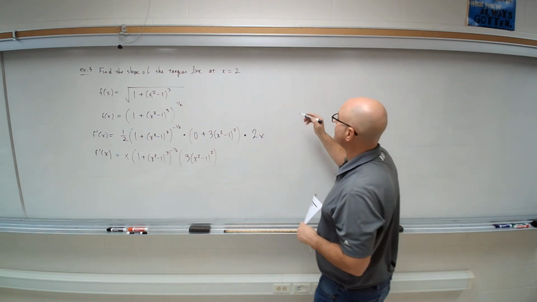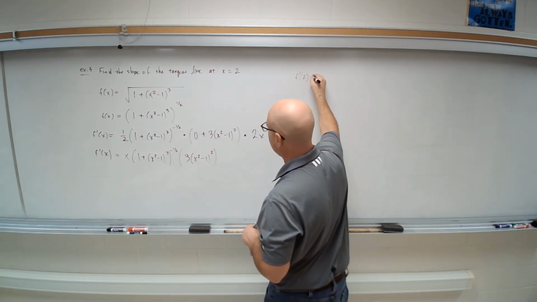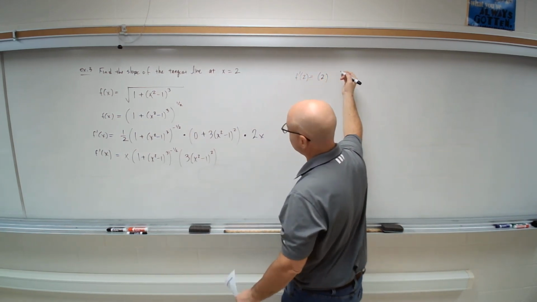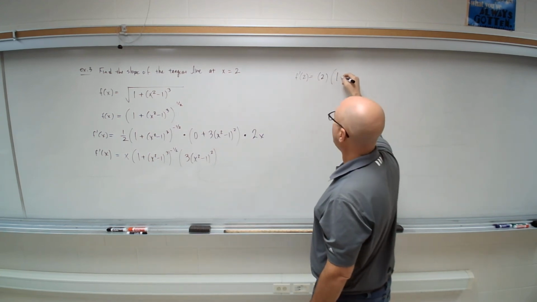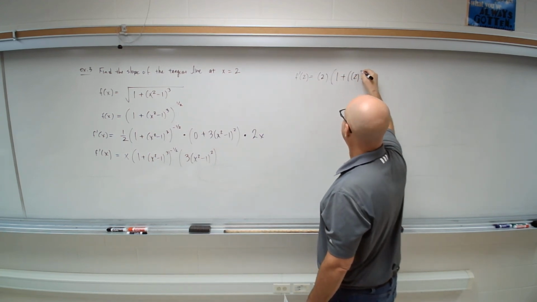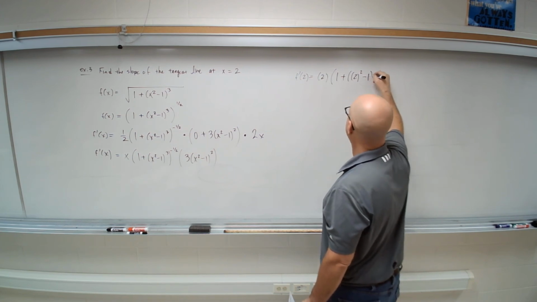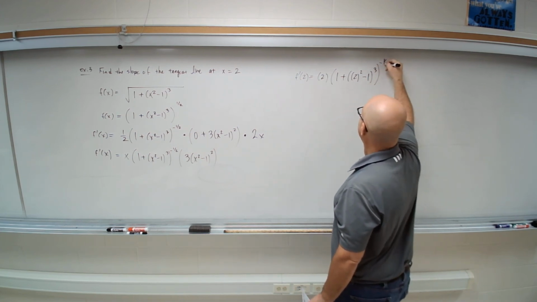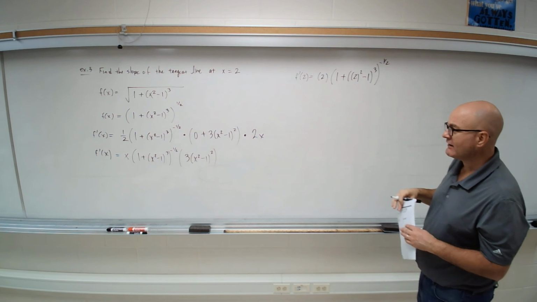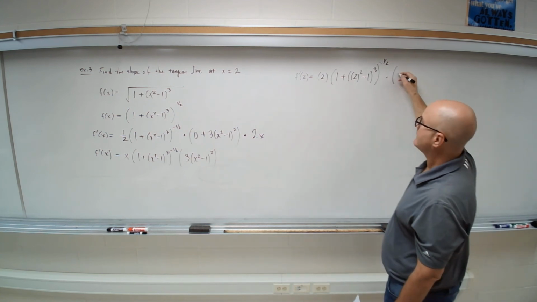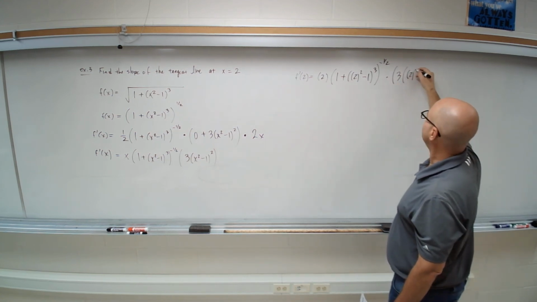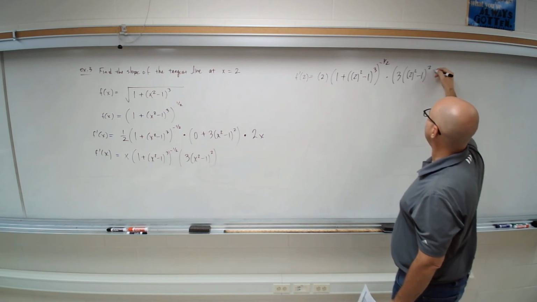So let's see here. f prime of 2 is going to be 2 for the x, and then 1 plus 2 squared minus 1 cubed to the negative 1/2. This looks a little challenging at this point, doesn't it? Times 3, and then 2 squared minus 1 squared.